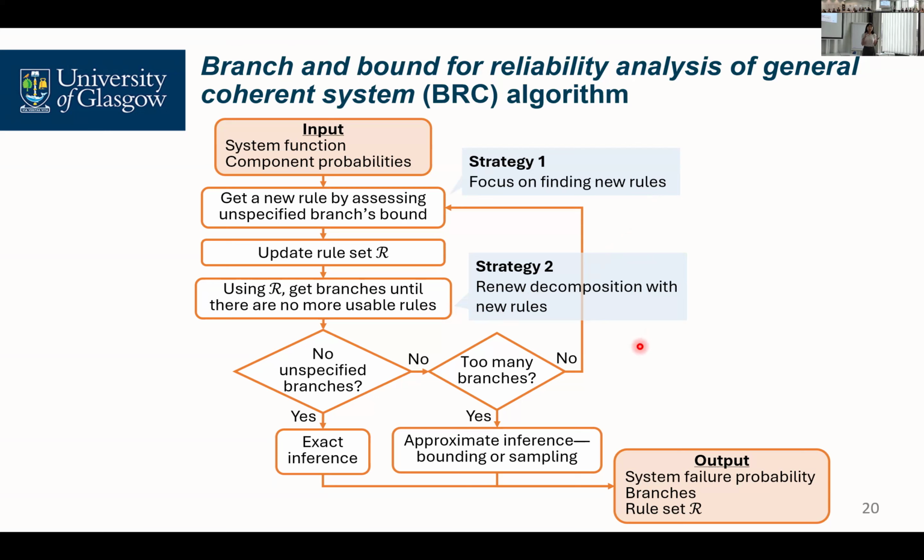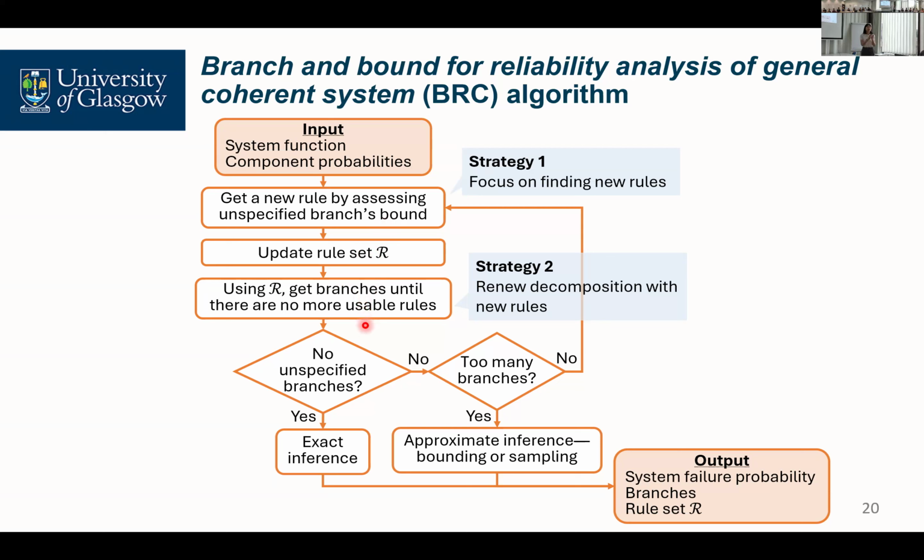The idea is that without looking inside the system function, we can identify these branches and the rules. What this algorithm does is look at the unspecified branches found, and it runs the system function on this unknown state, and based on that, it tries to find a new survival or failure rule, and based on that, it updates the rule set.